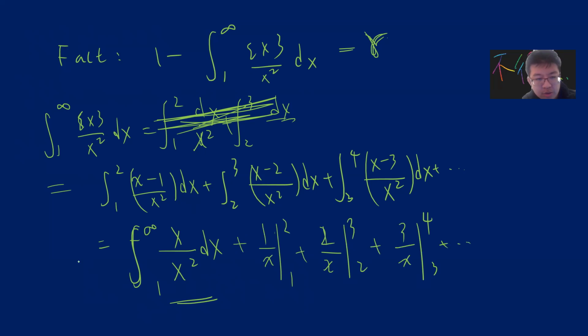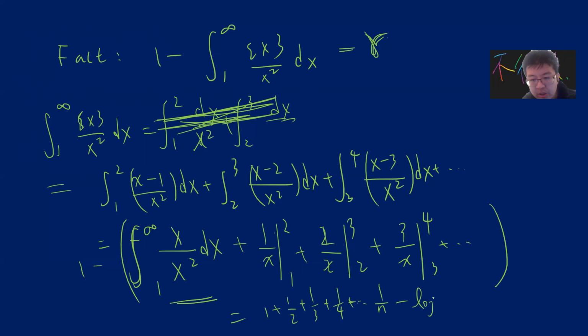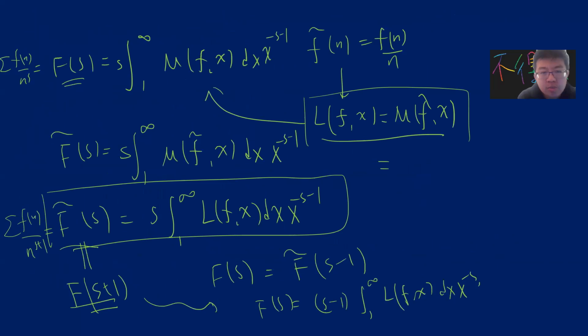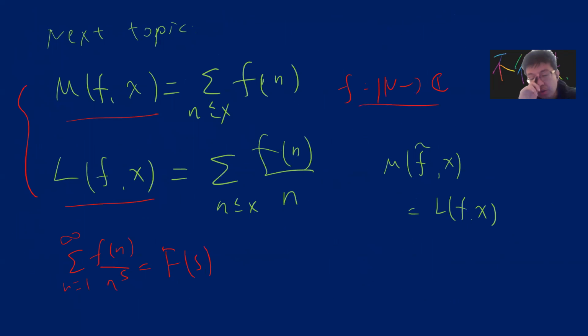Keep going, and then there's a 1 minus here. Finally you get 1 plus a half plus a third plus a quarter, plus 1 over n, minus log n as n goes to infinity. I think this is true, you can check this. So it gives you gamma.